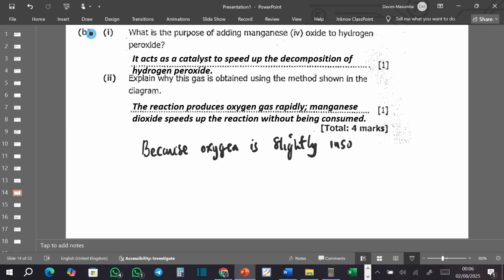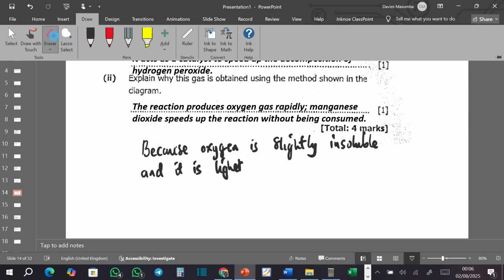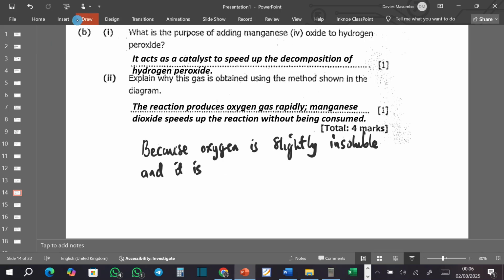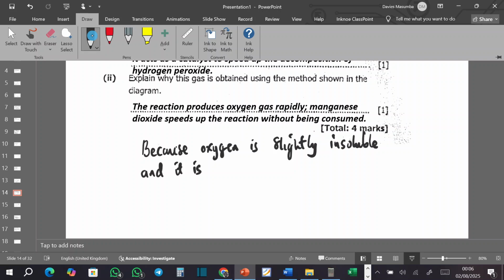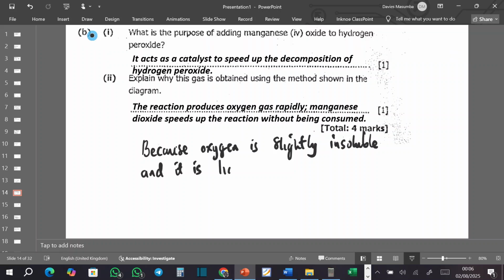And it is lighter than air. I think the written answer is wrong. It is lighter than air.